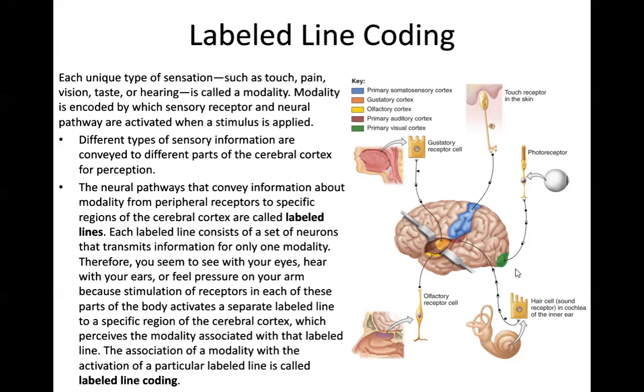When we see something, that's being processed in our occipital lobe. When we taste something, that's processed in that part of our cerebrum. Versus when we are touching something, it's going to that part of our cerebral cortex. And we also use different sets of neurons. It's not like the same neurons carrying the information for touch as they would for taste.